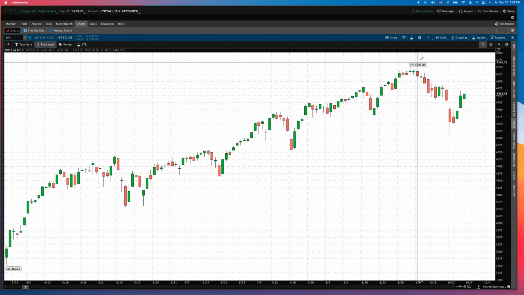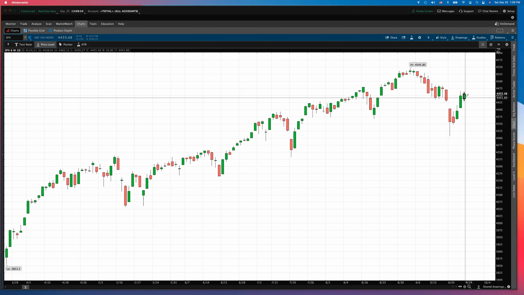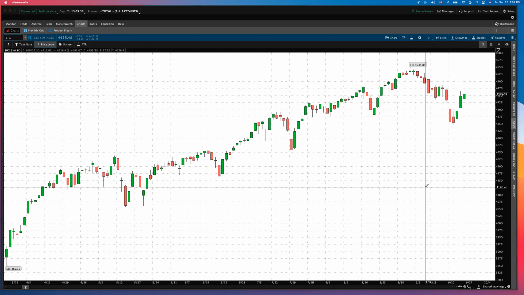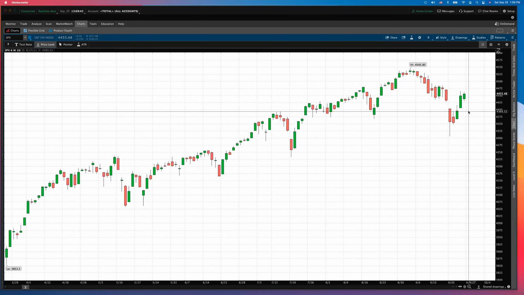So this is SPX. I'm looking at the daily and I see that this is today's candle, or yesterday's candle. 44.55 is where we kind of ended up. And my thesis says that price is not going to fall below 4,400. I'm just going to pick an arbitrary figure here.